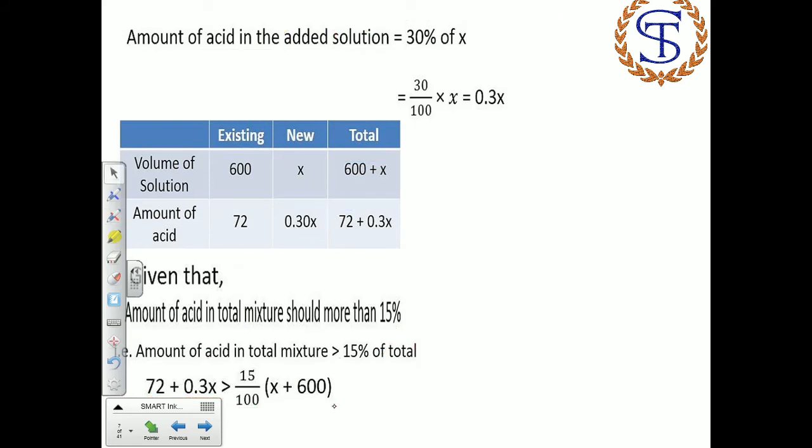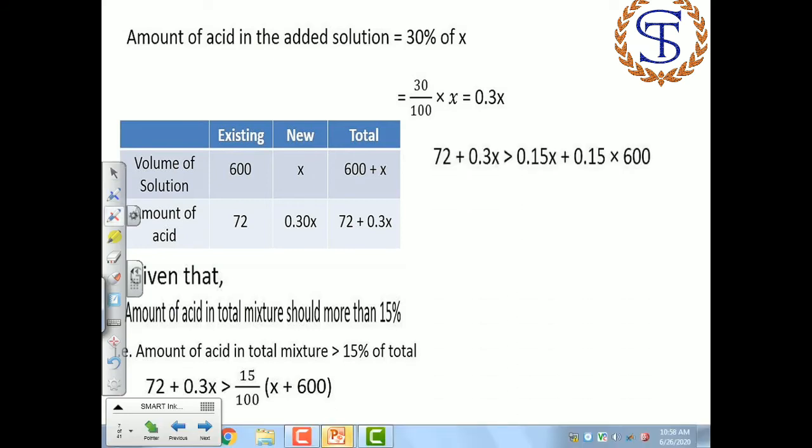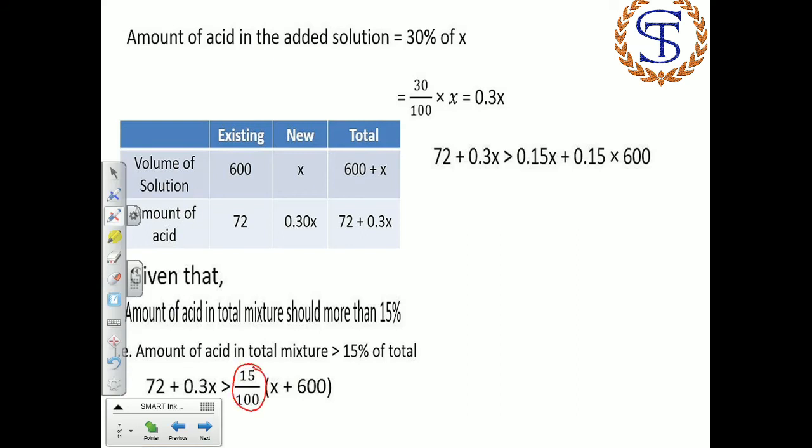Now on simplification of this, we will have 72 plus 0.3x, and 15 upon 100 can be written as 0.15, multiplied by x plus 600. Then we will get 0.15x plus 0.15 into 600.